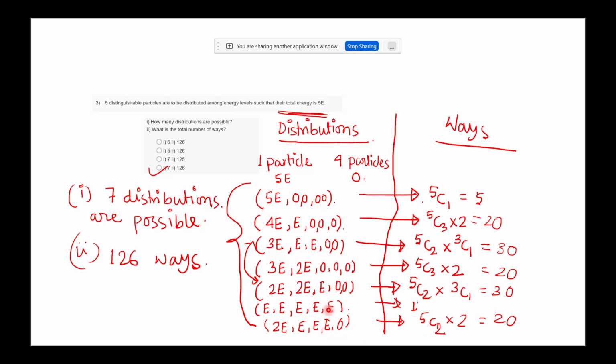If you choose 3 out of 5, then 2 will be automatically picked up. And if you choose 2, then 3 will be automatically picked up. Yes, 5C2 and 5C3 both give the same values.